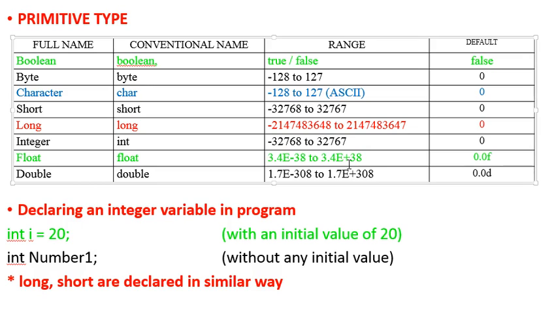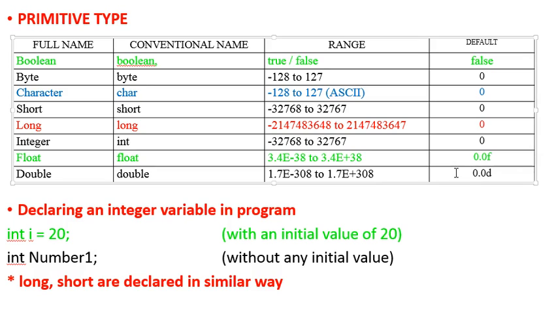And if you did not specify the value, it will give you 0.0f. And for the double, it is also a scientific form, 1.7 times 10 raised to power minus 308 to 1.7 times 10 raised to power 308 positive. If you did not give a value, it will give you the default, which is 0.0d.